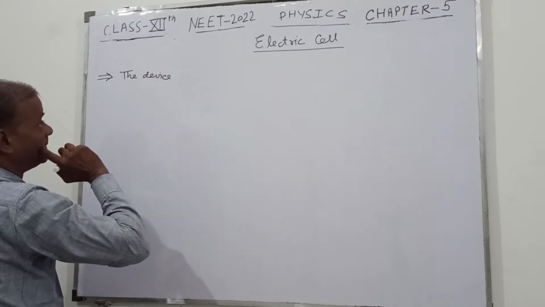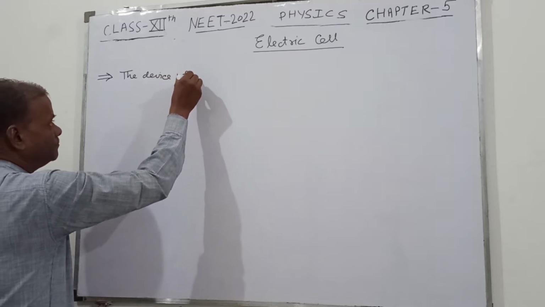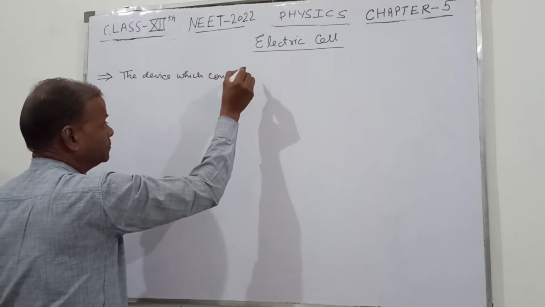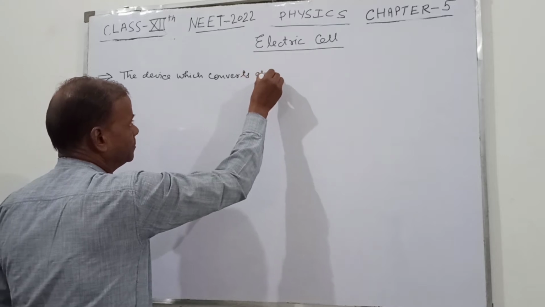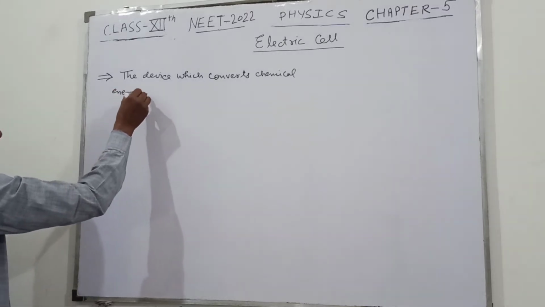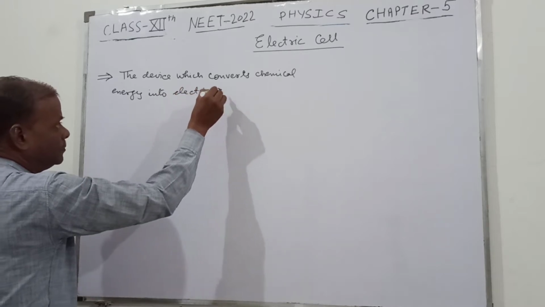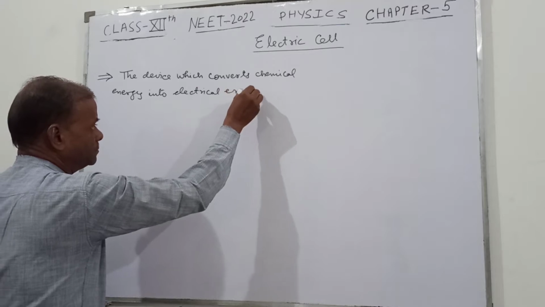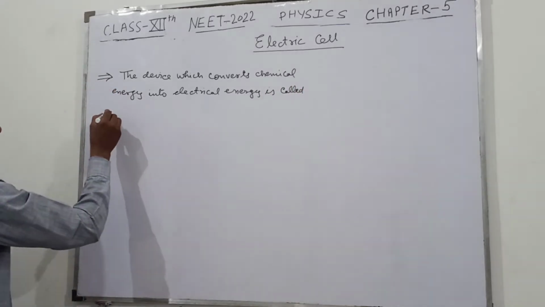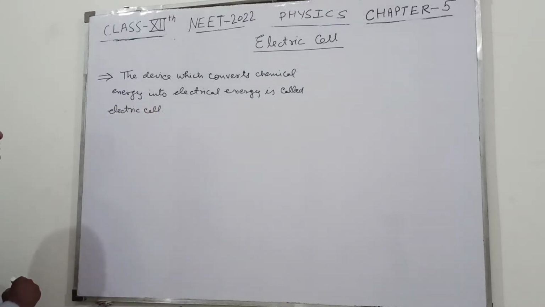The device which converts chemical energy into electrical energy is called an electric cell.